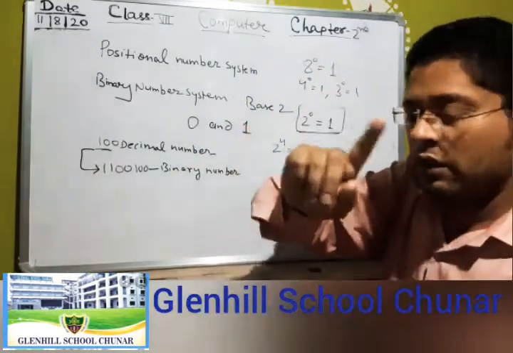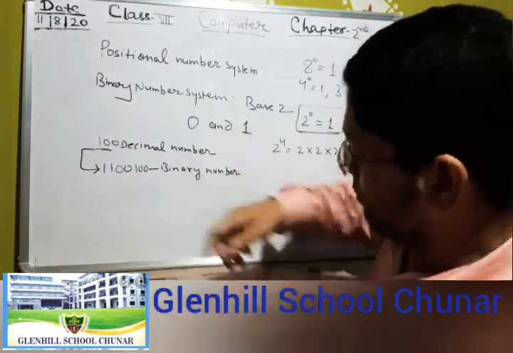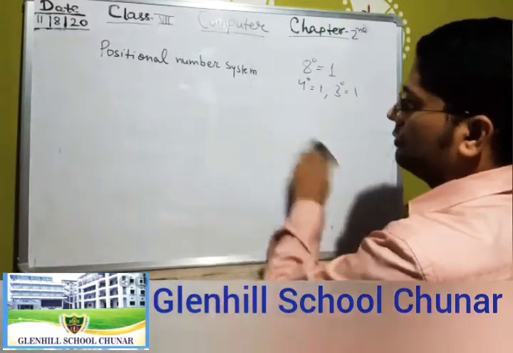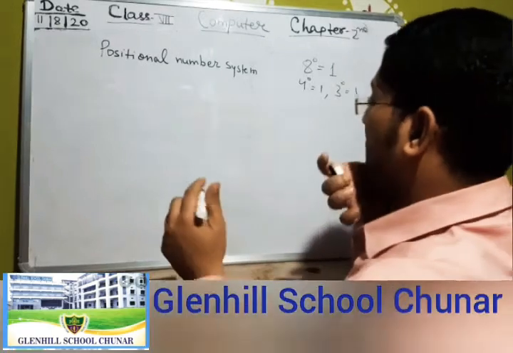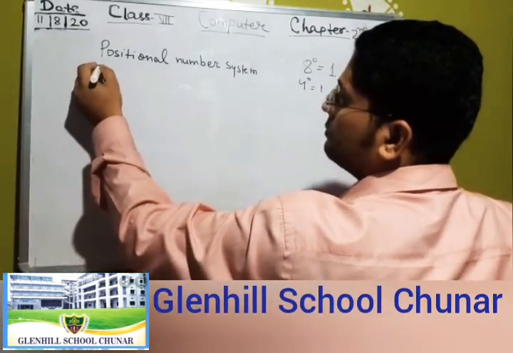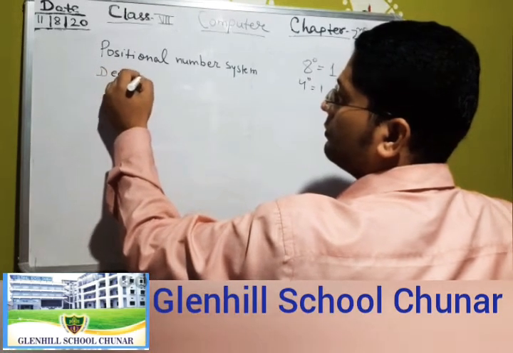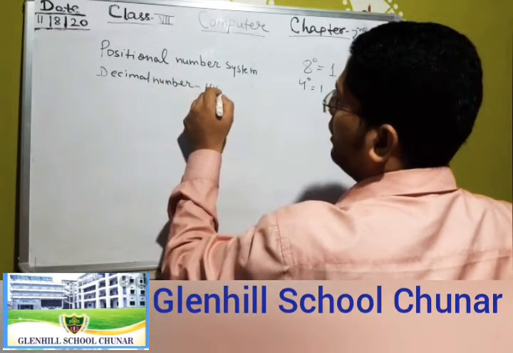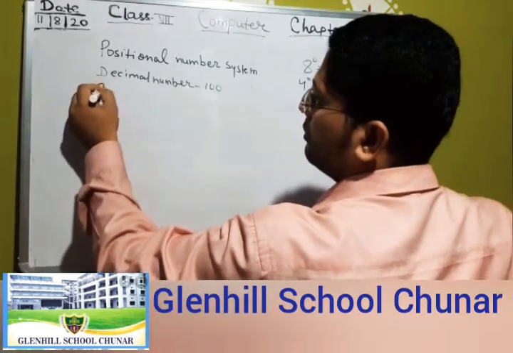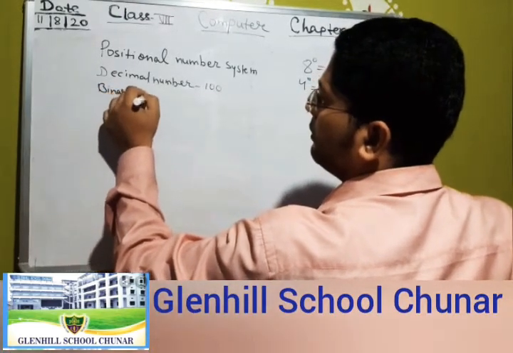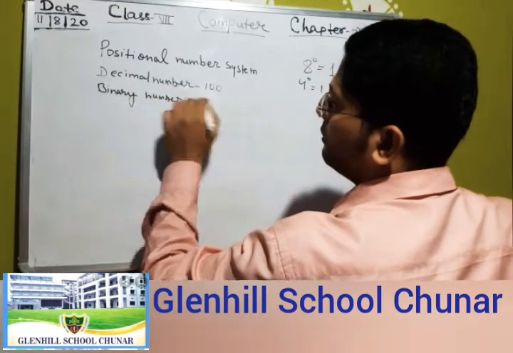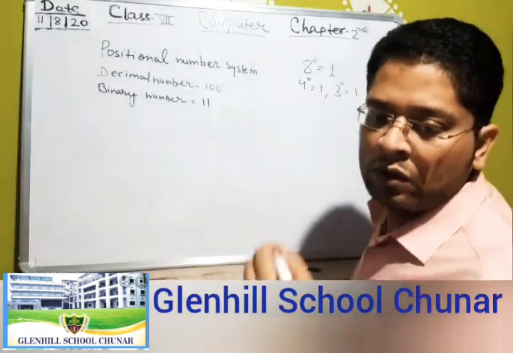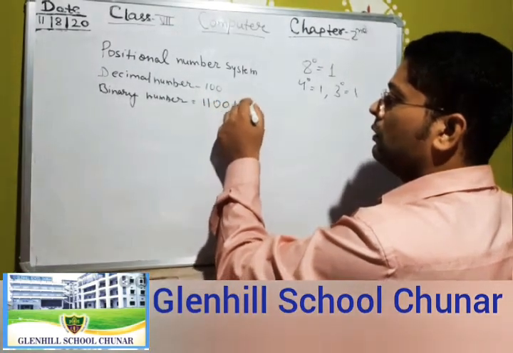First of all, count the number: 1 2 3. Your decimal number is 100, and your binary number is 1 1 0 0 1 0 0.